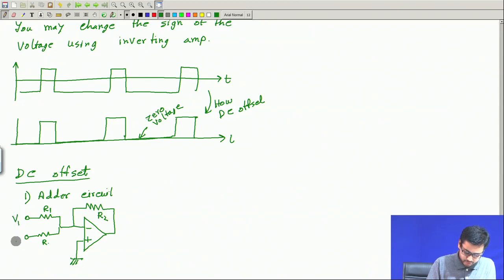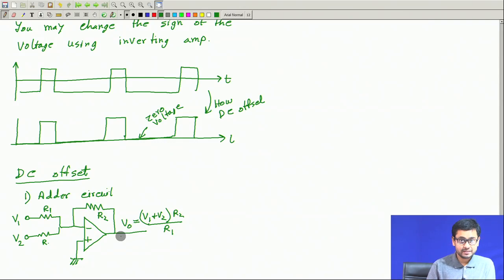If this voltage is V1, this voltage is V2, then output VO is equal to minus V1 plus V2 whole multiplied by R2 by R1. Why? Please recall that we have studied this when we were studying the digital to analog converter. We have studied this circuit. And let me just tell you briefly why this is so.